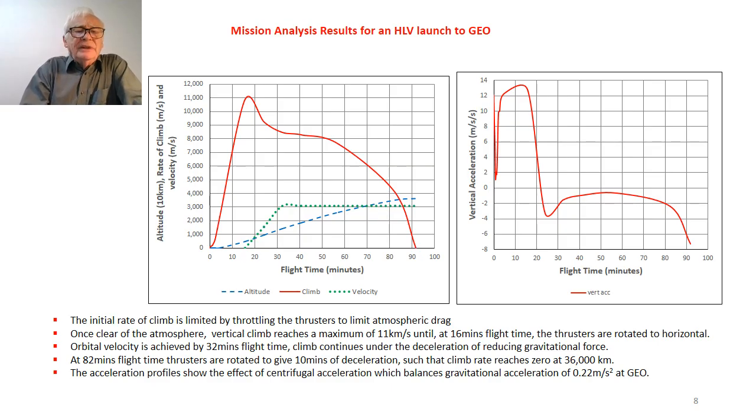Now, at 82 minutes flight time, the thrusters are actually rotated through 180 degrees to produce deceleration for a period of 10 minutes, so that the climb rate itself reduces to zero by the time you reach the geostationary orbital altitude of 36,000 kilometers.